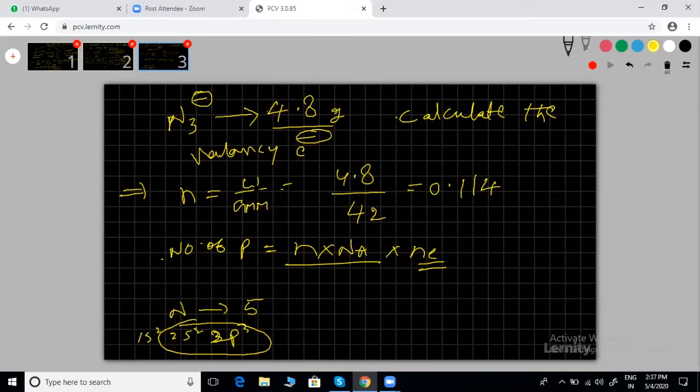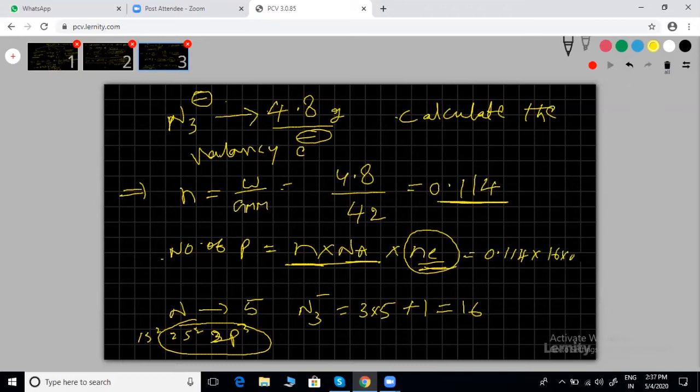Total 15 plus one extra for the minus, so 16 electrons. N3 minus valence electrons equals 3 into 5 plus 1, total 16. So n is 0.114, and the answer is 0.114 into 16 into Avogadro number.